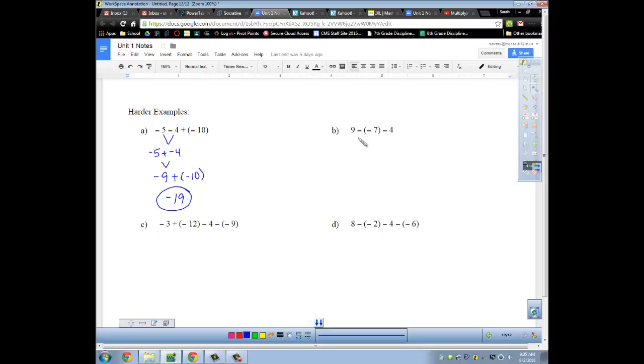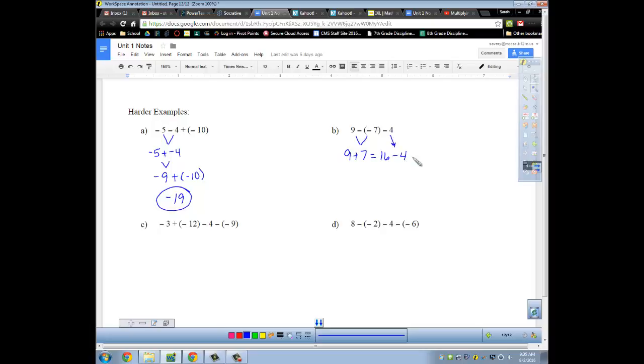Part B, we're going to do 9 minus negative 7. I see subtraction, so I'm going to change subtraction to addition, and change the sign of the second number. 9 plus 7 is 16. Then I'm going to bring down my minus 4.